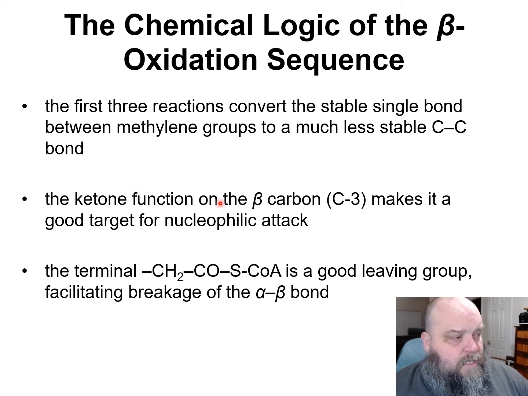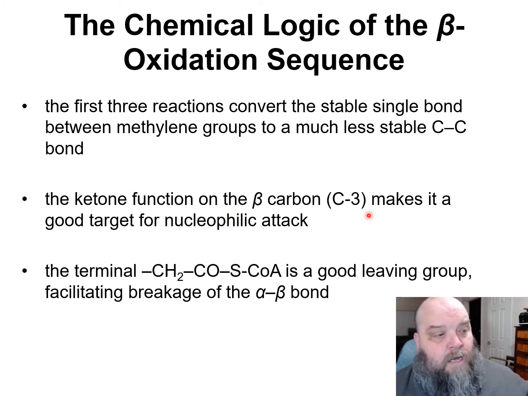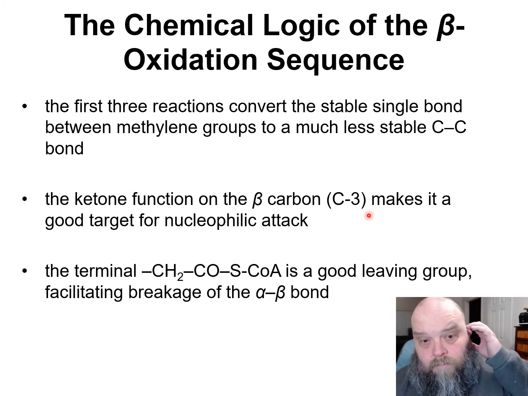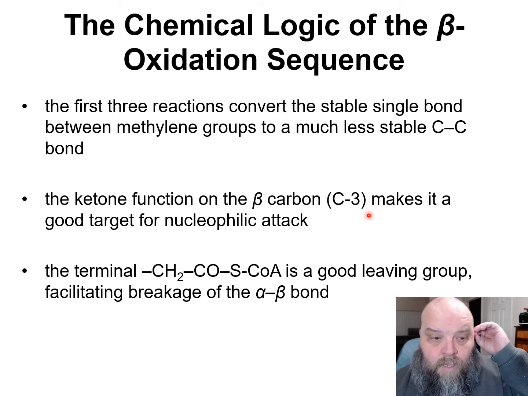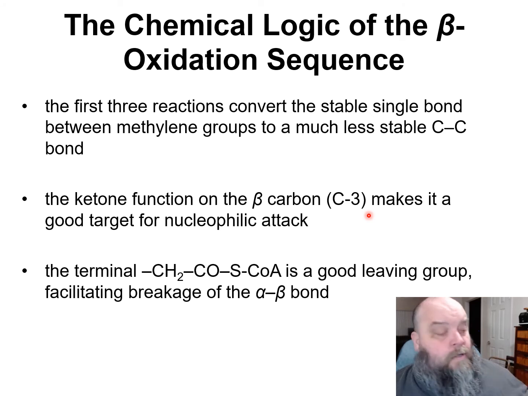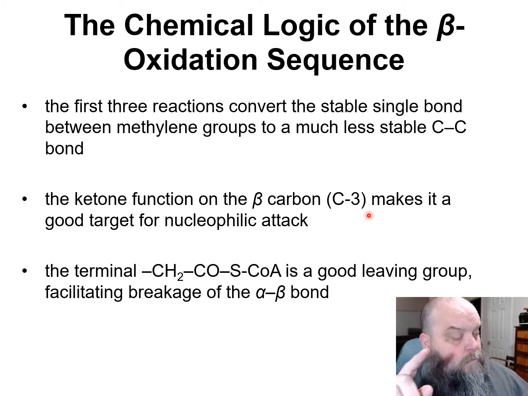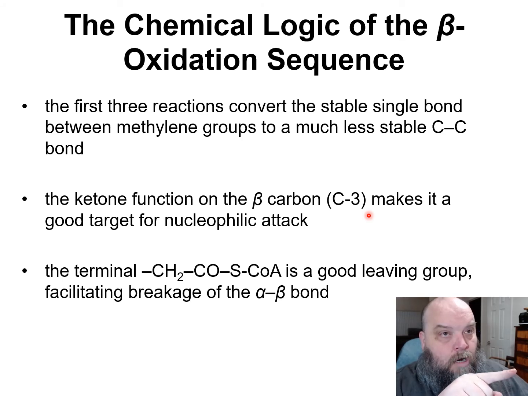They talk about in the textbook the ketone function of the beta carbon, the C3, and how it makes a good target for nucleophilic attack. So carbonyl, CH2, carbonyl, which is the beta carbon. It allows for the nucleophilic attack.